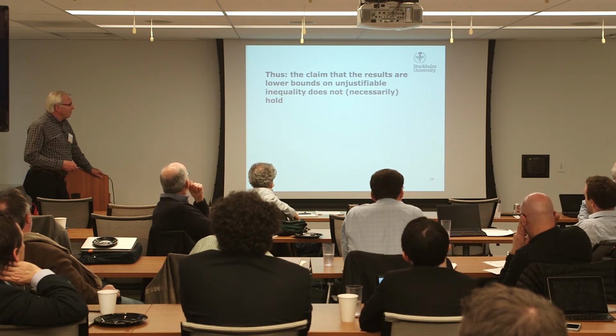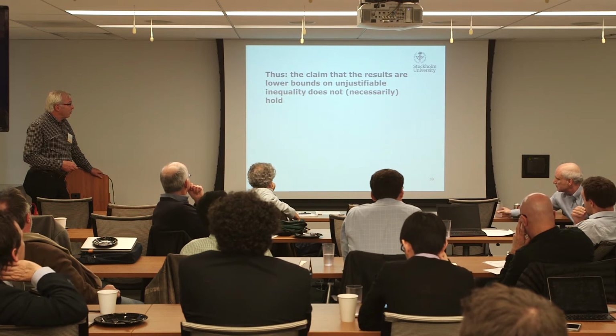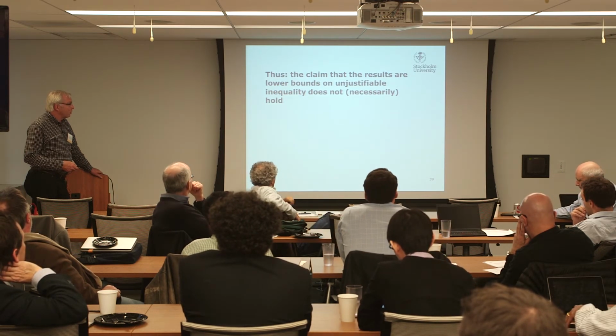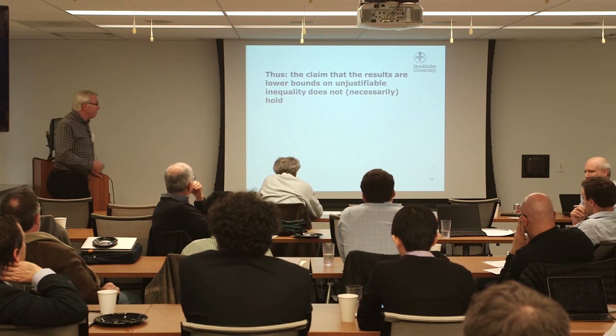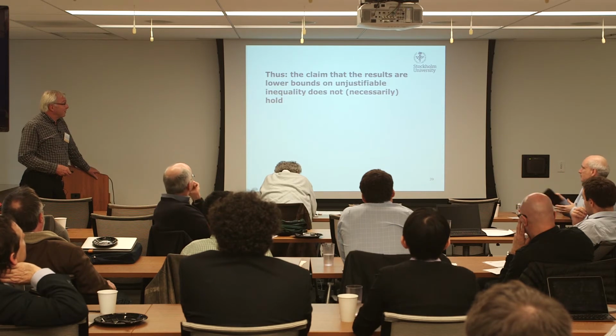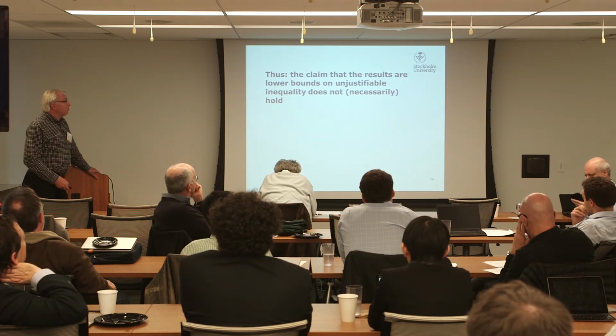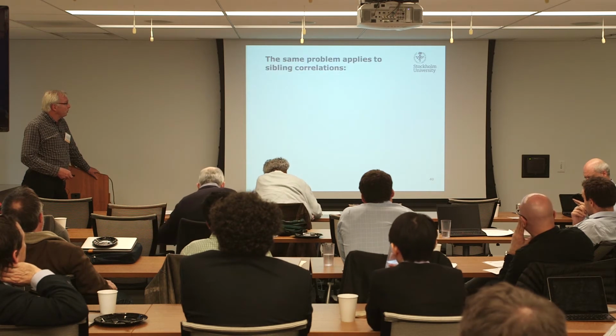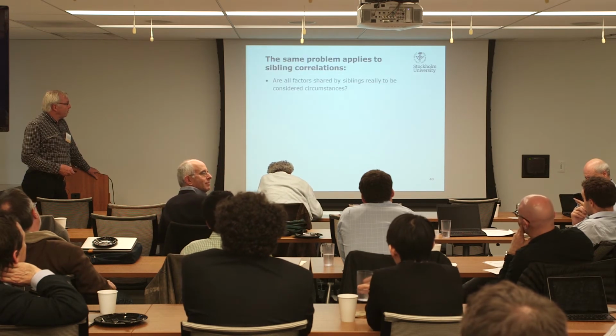Because of this, I think that the claim that the results are lower bounds on unjustifiable inequality does not necessarily hold. I think that it holds anyway, but you have to confess the presumption in this literature is that it's completely causal. And the same, I think, applies here.